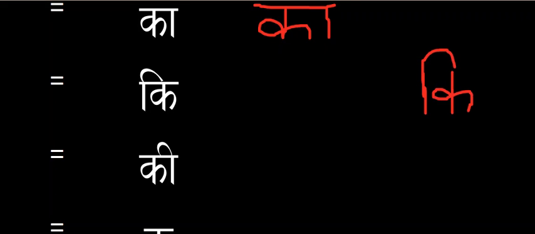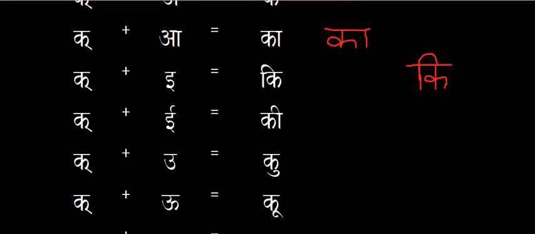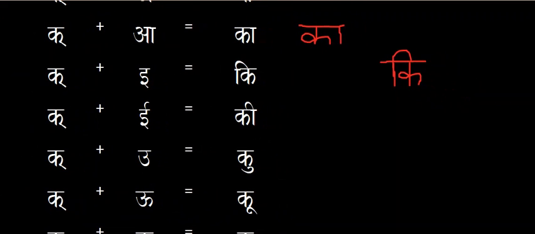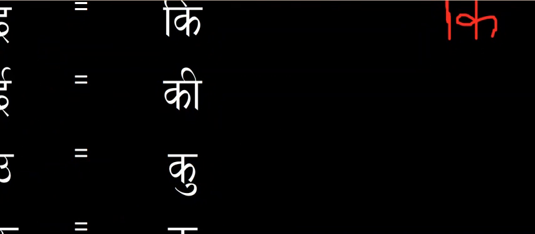It's sort of like a hook on the left-hand side, and then you have ki on the right-hand side. So k plus i gives you ki. We'll zoom in and I'll write ki for you. Ki.